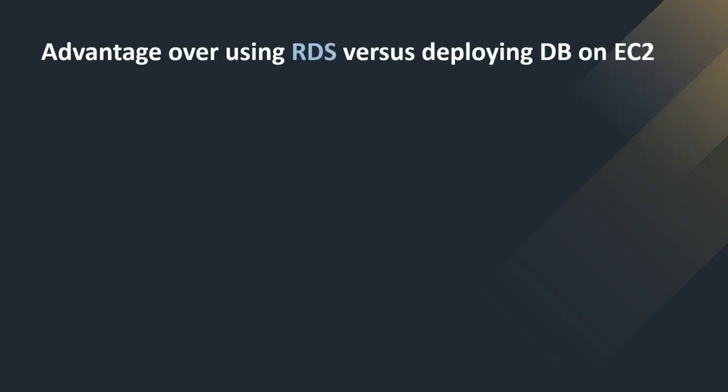So why would we use RDS versus deploying our own database service on top of, say, an EC2 instance? Because this is possible. Well, RDS is a managed service. As such, AWS provides a lot of services on top of just giving us a database.